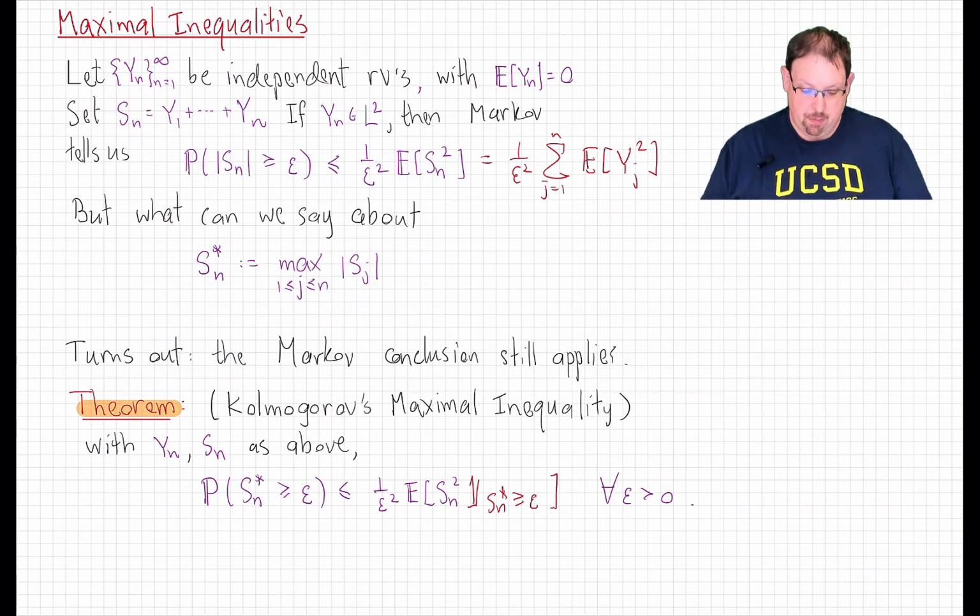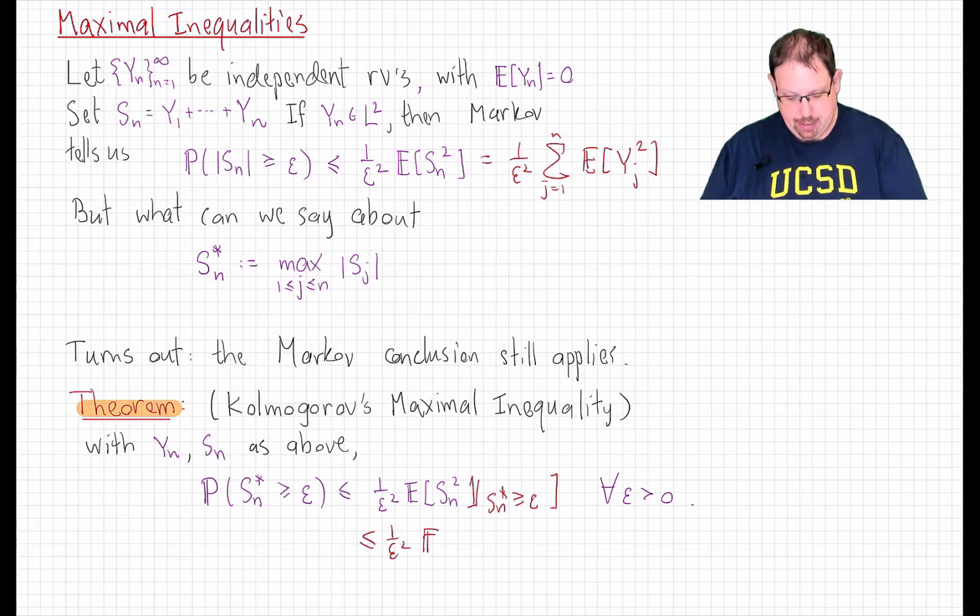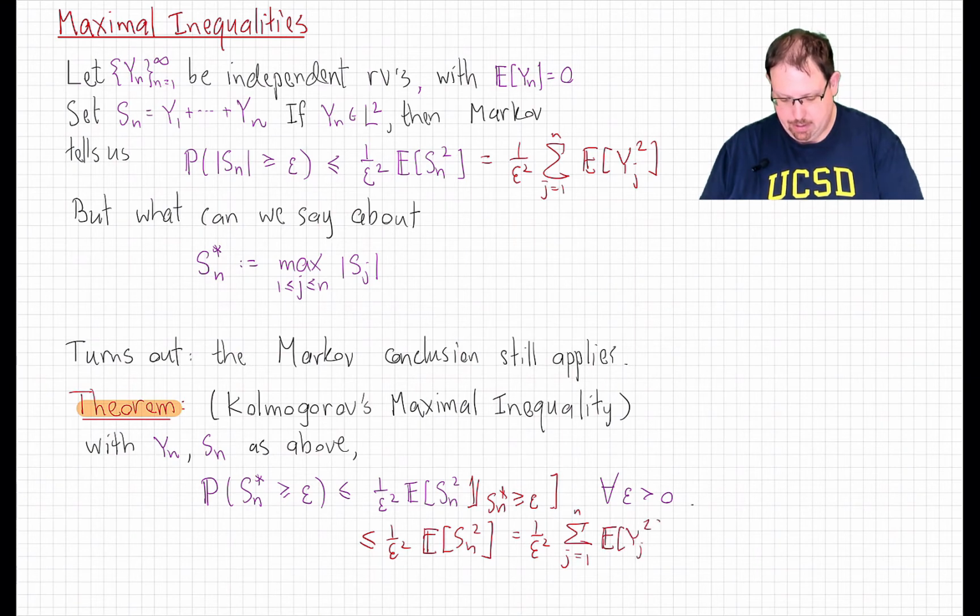We won't really have much use for it in that form, although it is potentially a better estimate than the one without it. However, notice that this, being a function that is less than or equal to 1 and non-negative, allows us to simply do the blunt estimate and get the same result that we had from Markov for Sn in absolute value. And again, by Pythagoras' theorem, this is equal to 1 over epsilon squared times the sum of the L2 norms squared of the Yj's.